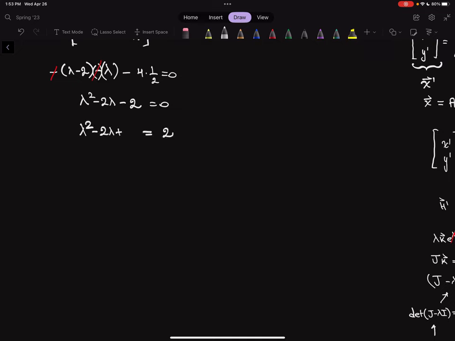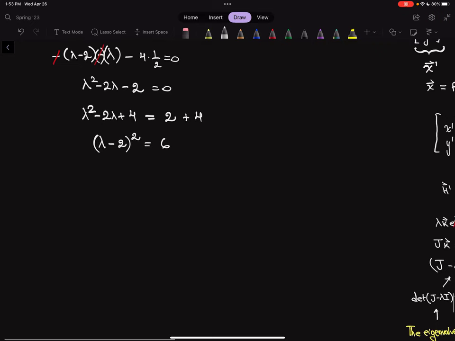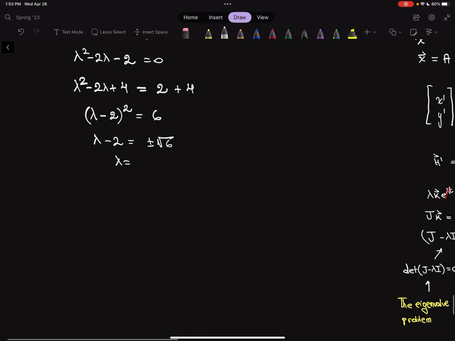If I add a 2 here, I'm going to have to add it here. And I actually want to add a 4 because I'm taking half of this and squaring it. And so I get lambda minus 2 squared equals 6. So now I take the square root and I get lambda minus 2 is equal to plus or minus the square root of 6. So lambda is equal to 2 plus or minus the square root of 6.